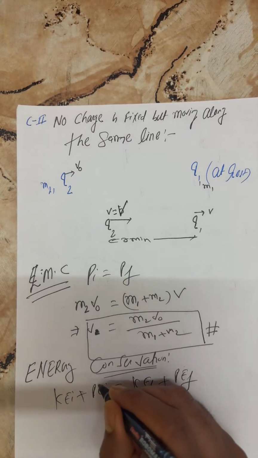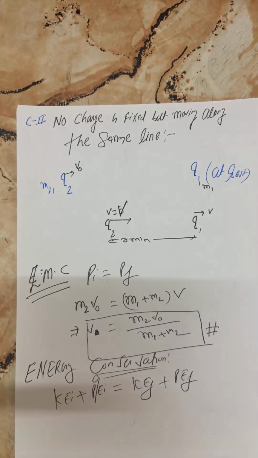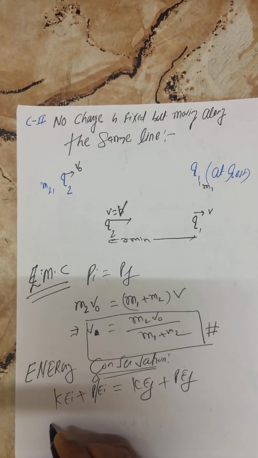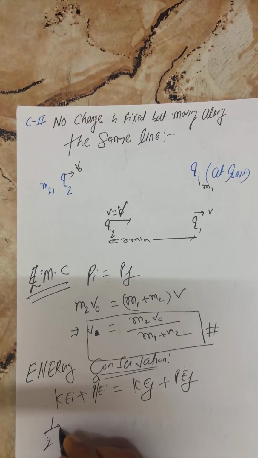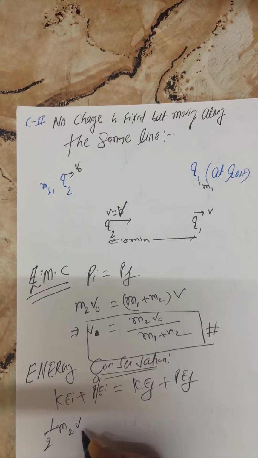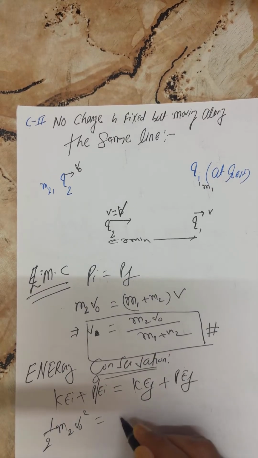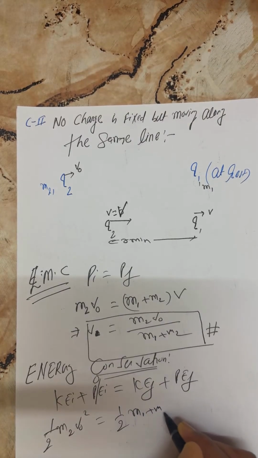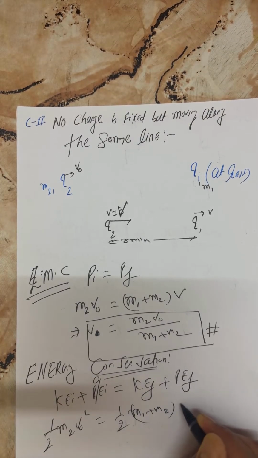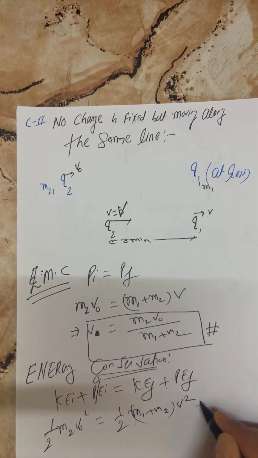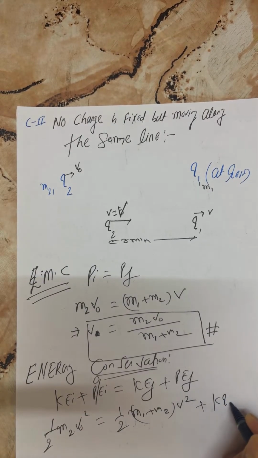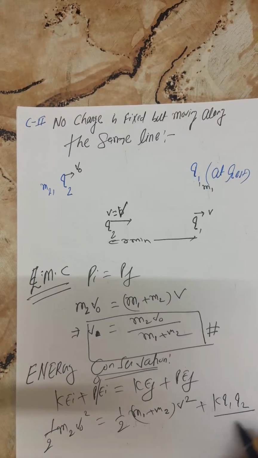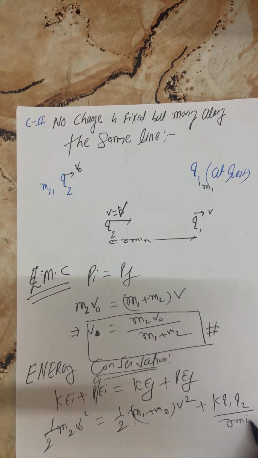Initial potential energy is zero, because the particles are initially at large separation. So kinetic energy initial is half M2 V naught squared, equals half M1 plus M2 into V squared plus k Q1 Q2 by R minimum.